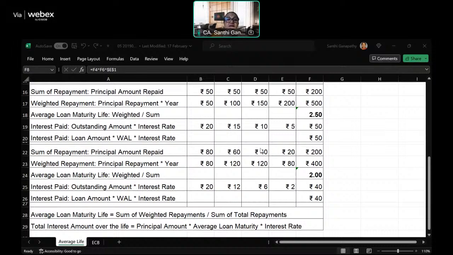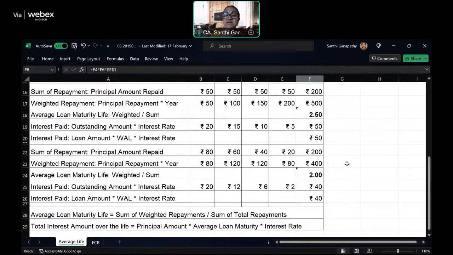So you have understood weighted average life, isn't it? Weighted average life, average loan maturity life, everything means the same: sum of weighted repayment divided by sum of total repayment. Total interest amount over the life will be principal amount into average loan maturity into interest rate.